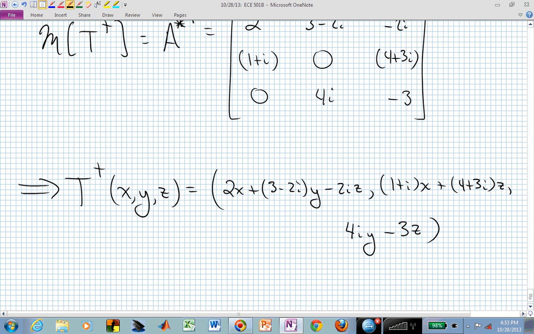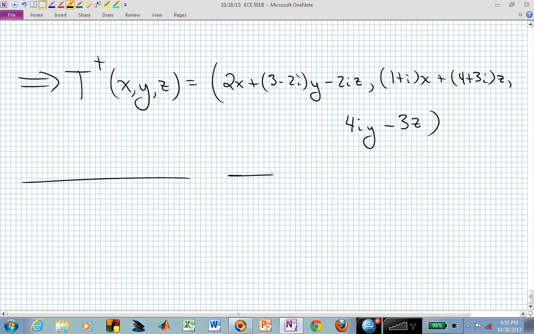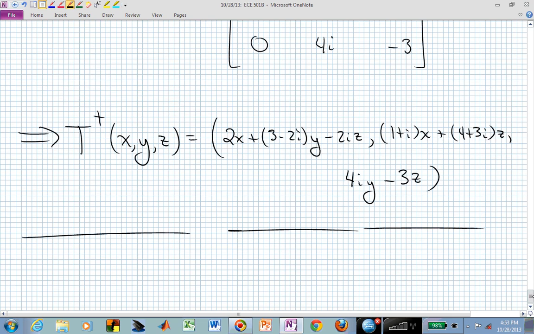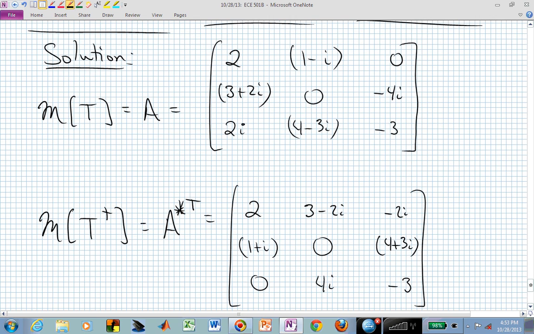What if we wanted to get a better feel for this? All these complex numbers are complex. Let's do another example. Yes, question. So if we have the matrix representation of a linear map, and I now said what's the adjoint of that, then we just take the complex conjugate of the matrix representation that we started with.